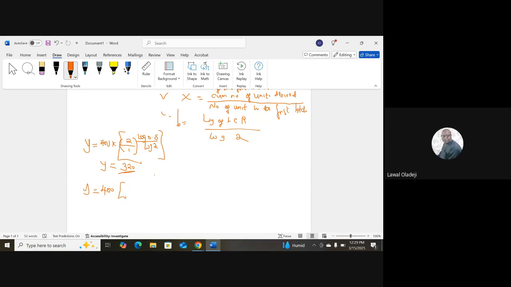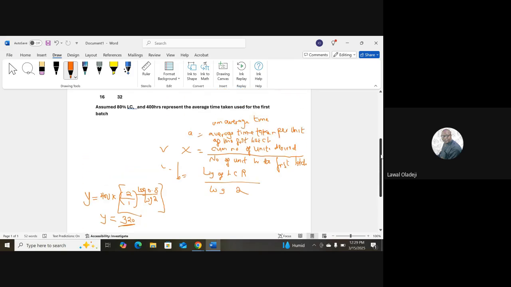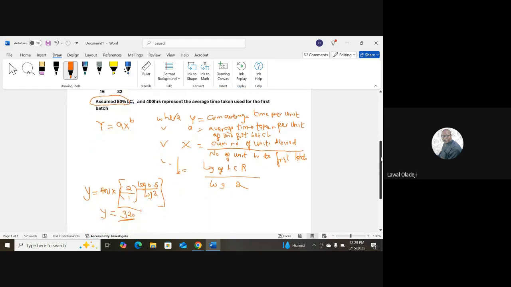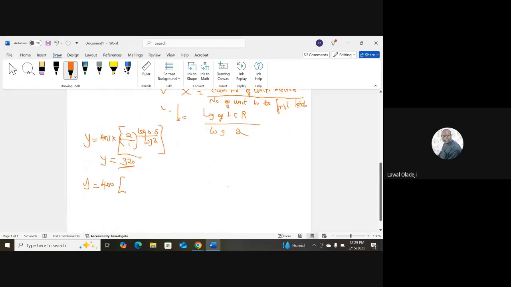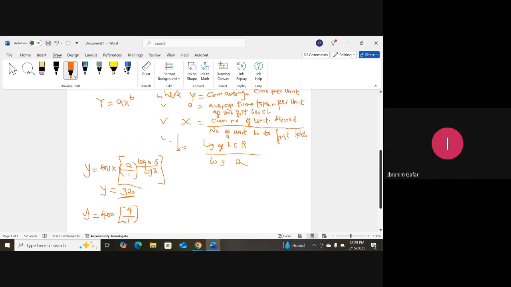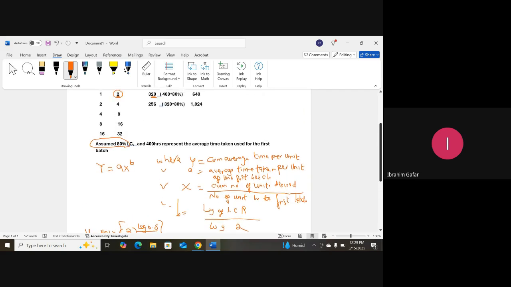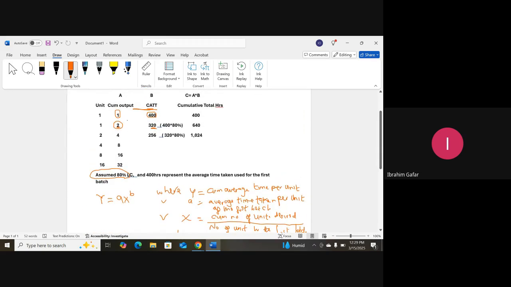Multiply by 4 all over 1. Because 4 is your desire now. The number of units in the first batch is 1. It depends on whatever they put in the first batch here.